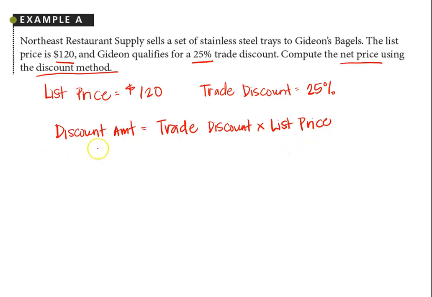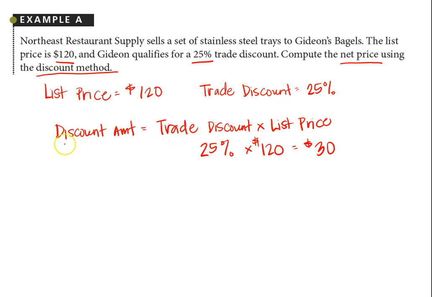Now that we have our formula, we can plug in those values. So that's going to be 25% times $120. When we plug this in, this gives us a discount amount of $30.